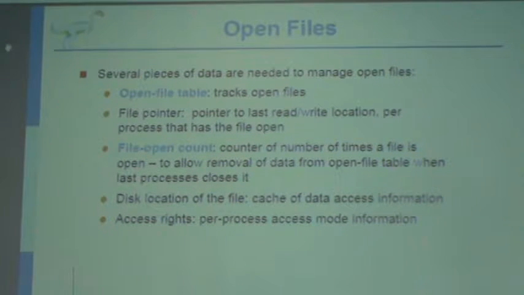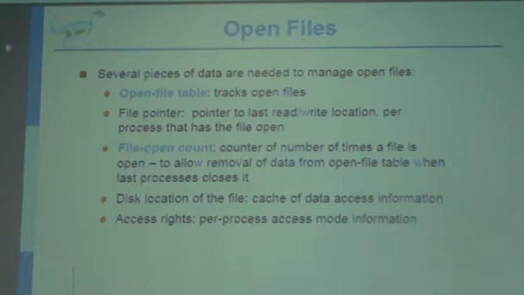Now we'll talk about open files and how this works. When we open a file, the system will find the entry of this file, hold the entry, and store it in the open file table. This keeps track of the open files.